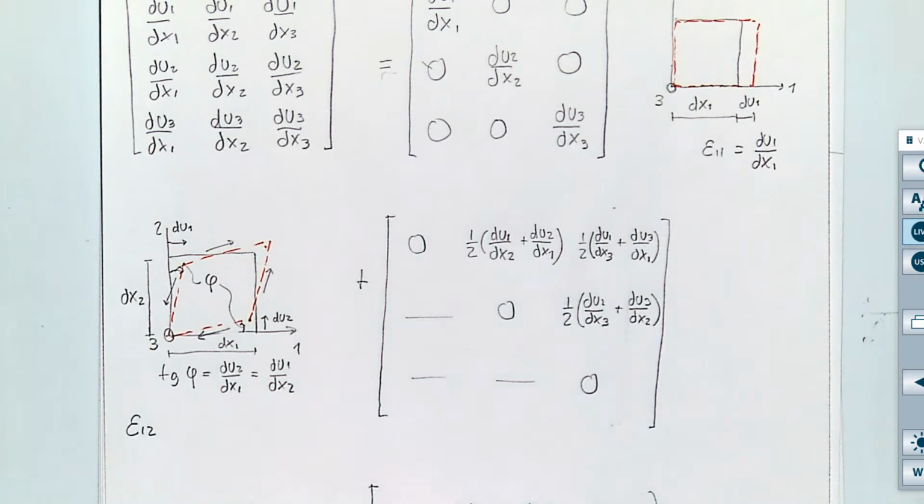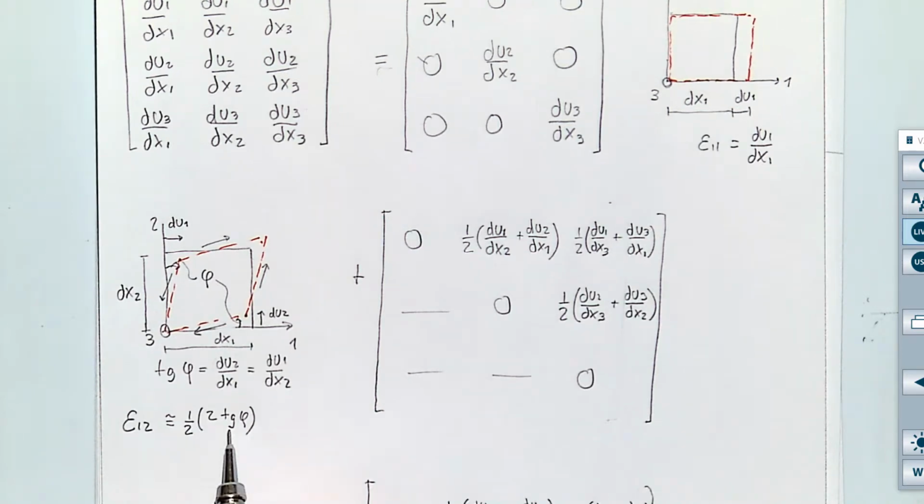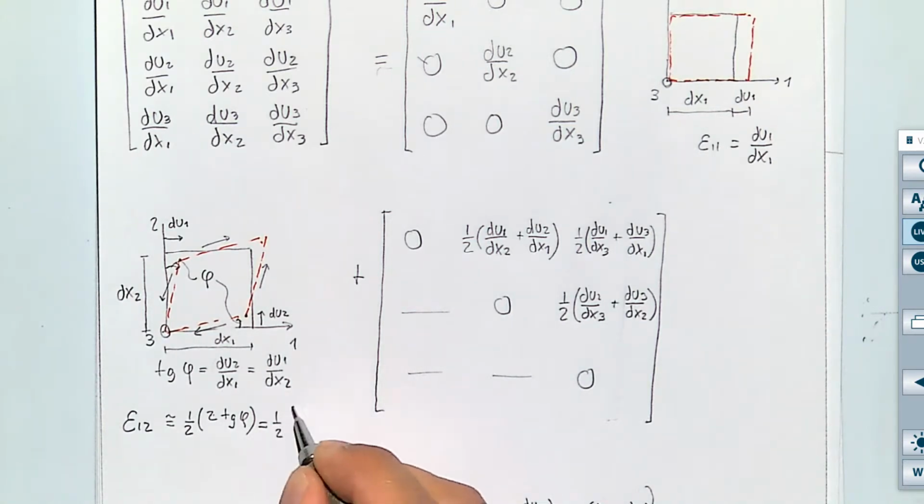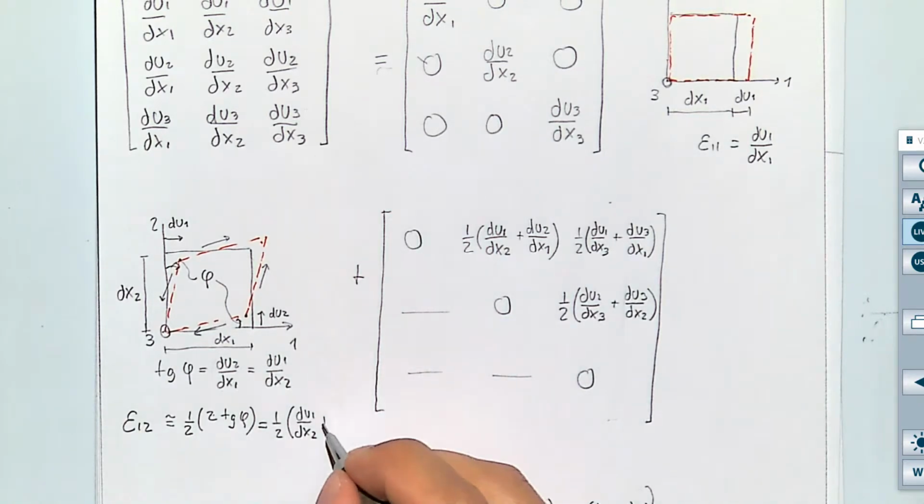That epsilon 1,2 is more or less equal to 1/2 of 2 times the tangent of the angle phi, but I'm going to use the numerator and denominator to be able to use these two equations. 2 times the tangent of the angle is going to be du1/dx2 plus du2/dx1.